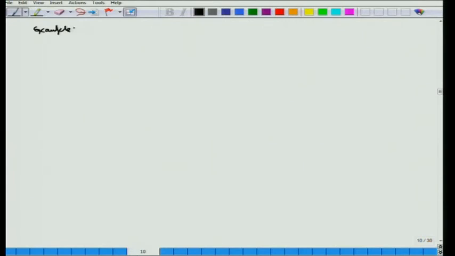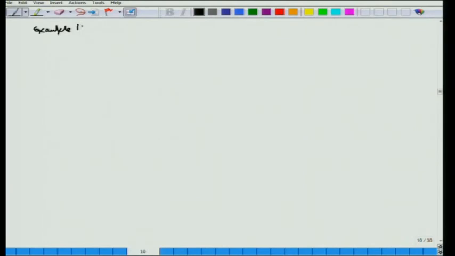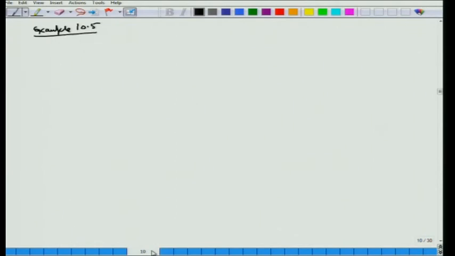So, this example is now, let us see what we had earlier, 10.4, or rather we will put it as 10.5 and this as 10.6.